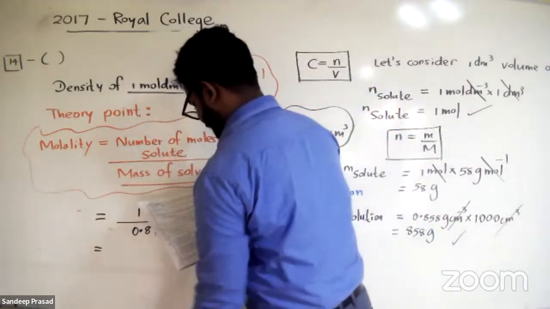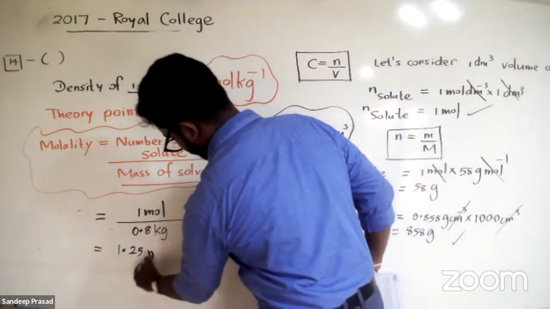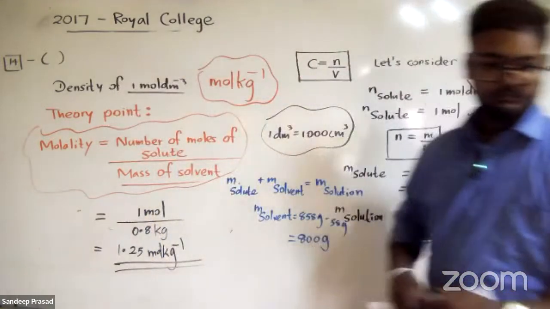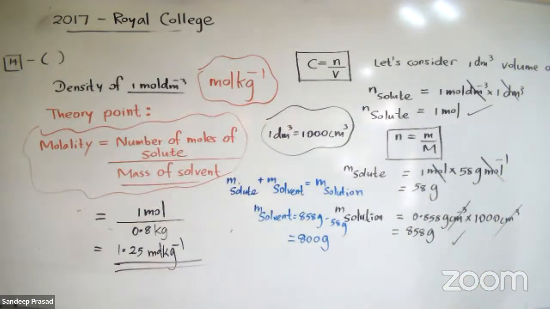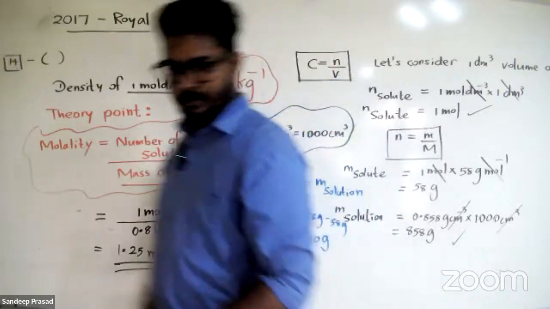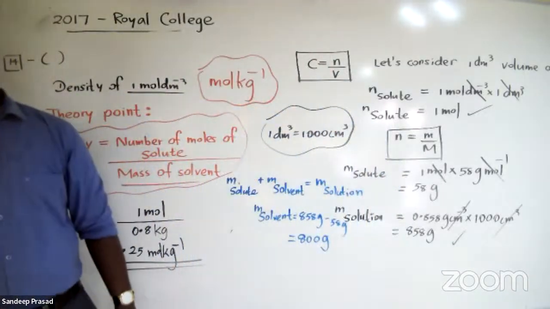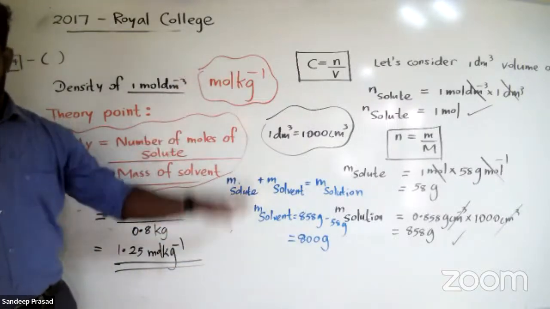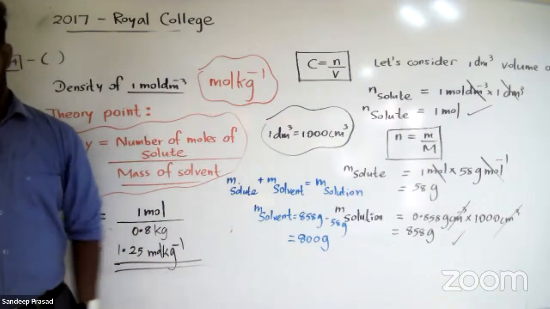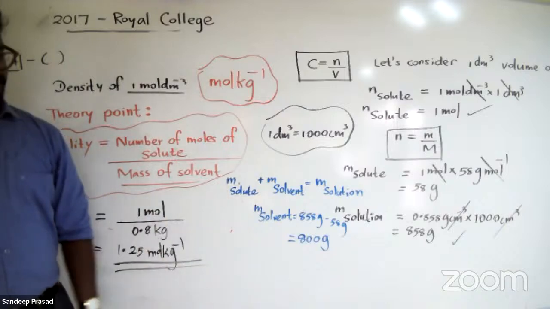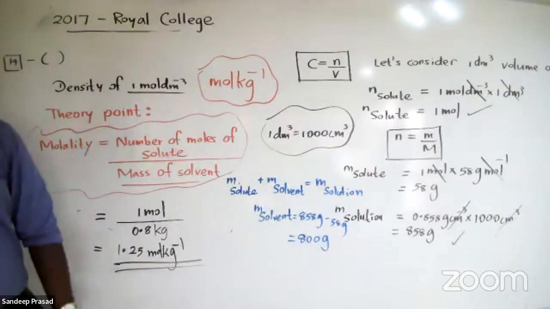Then you will get the answer 1.25 moles per kilogram. This is the molality. So don't worry, students. I'm going to upload the answer sheet for this one, that means how to do the calculations and how to follow these steps, again with the theory points, very soon. So you just copy down these things and try to understand what I have taught you. If you have any doubts, let me know.